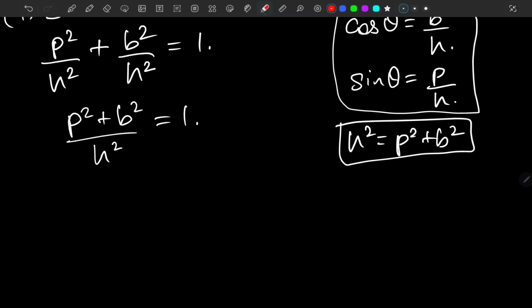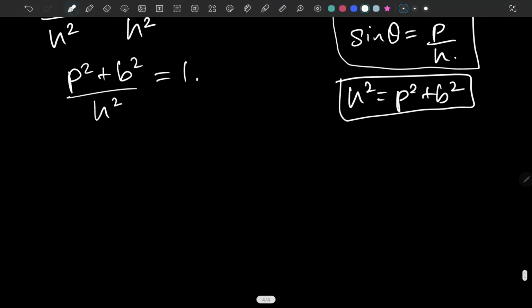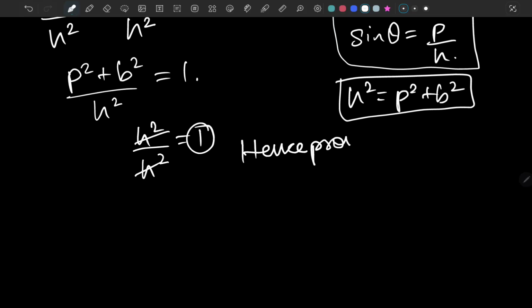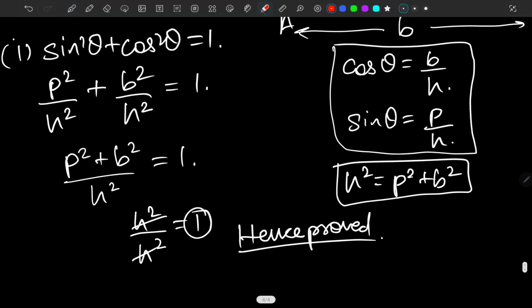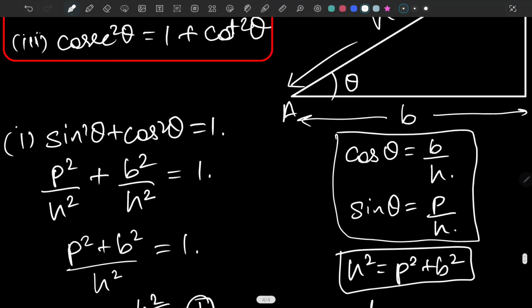From the Pythagoras equation, h squared equals p squared plus b squared. So p squared plus b squared can be written as h squared over h squared, and this comes out to 1, hence proved, guys. That was quite easy to prove. You just need to remember the Pythagoras theorem and make sure these things are clear to you. So we are done with this first identity.